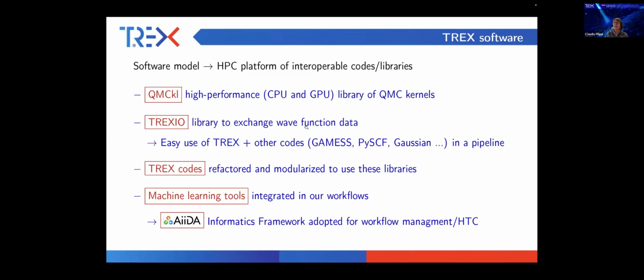TREX-IO can exchange wave function data between the TREX codes, but also with codes outside the consortium, for example, GAMESS, PySCF, Gaussian, and more. So you can also use the codes in a sort of pipeline. You can start from a simple DFT calculation, then import the data and do a quantum Monte Carlo calculation starting from that.